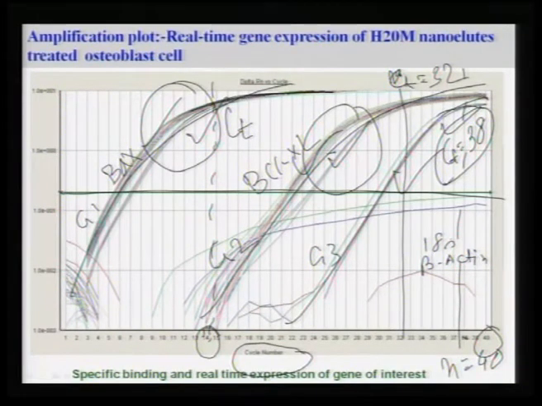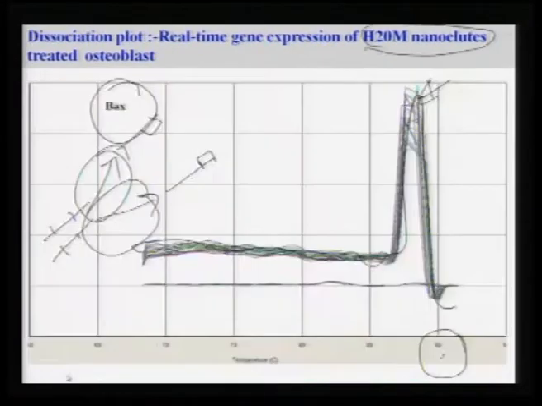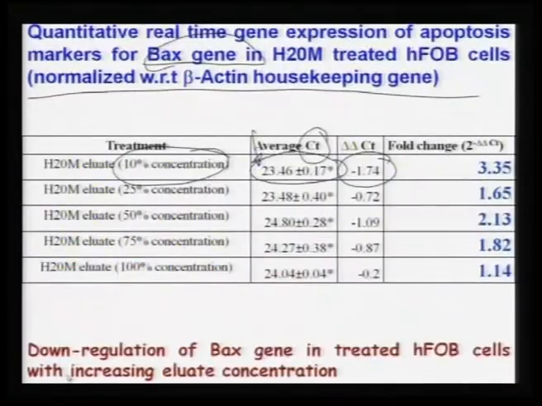So, you have to continuously measure the cycle threshold for the genes of interest and the cycle threshold for the 18S or beta actin housekeeping genes, so that you can find out the normalized values.